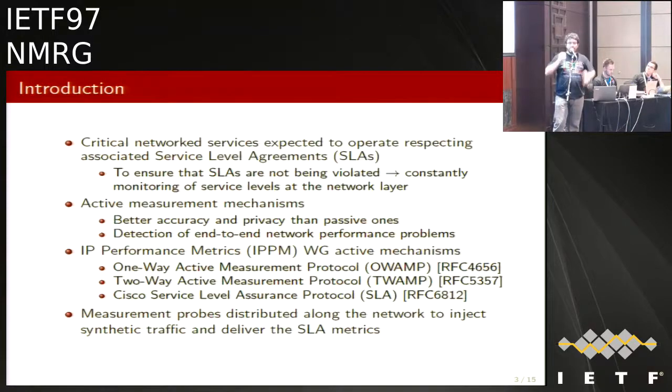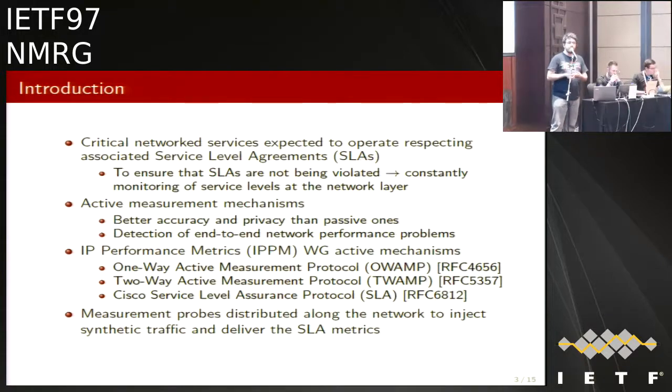So, critical network services are expected to work considering some service level agreements, some SLAs, and in order to have these SLAs, it's widely known that it's important to measure them. In order to measure these SLAs, it's necessary to have a monitoring infrastructure, and this monitoring infrastructure needs some kind of monitoring coverage of the network in order to capture the SLA violations.